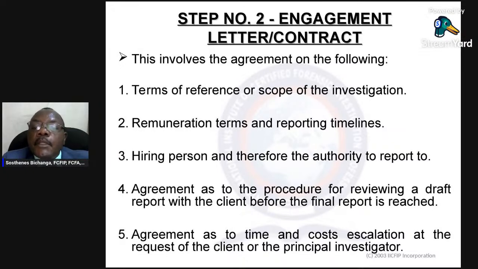The engagement contract is a written document that is signed by both the client and the investigating firm or the principal investigator.